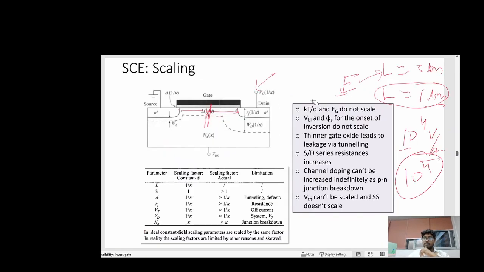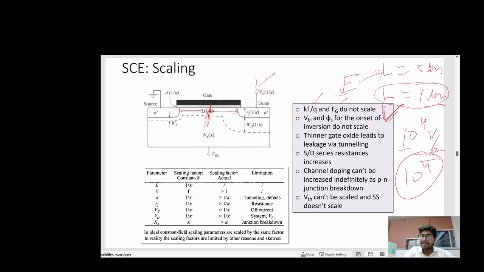Now we will see these parameters. Whatever these parameters are, they will not scale because these are some constants. That is kT by q, the thermal energy, and it won't scale.